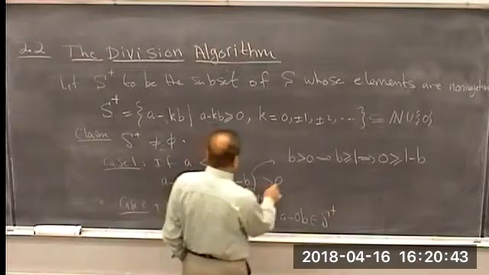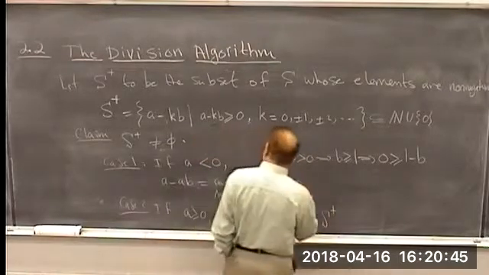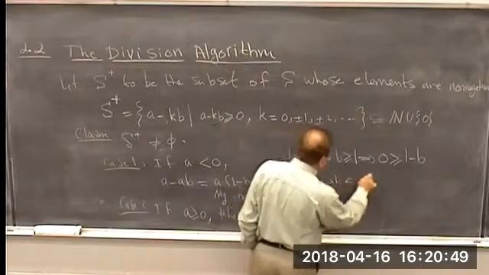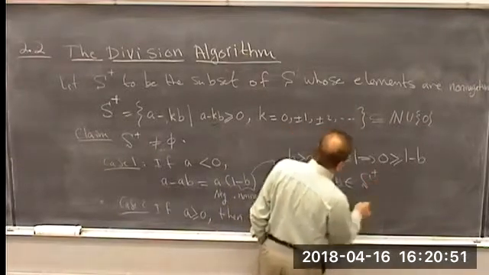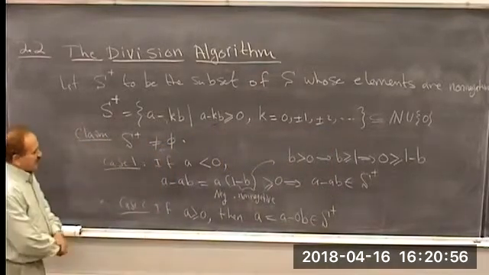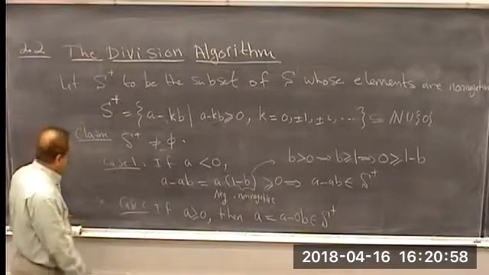This implies that A minus AB is in S plus. So in both cases, we have at least one element in S plus.